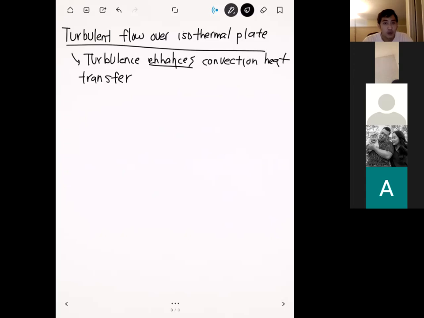So generally we expect that because turbulence enhances this, the Nusselt number will be higher than in the laminar case.